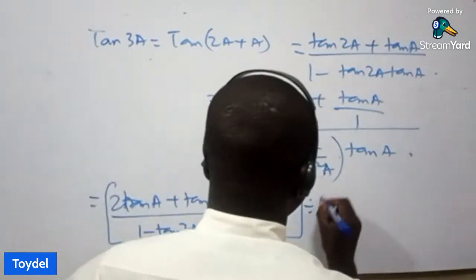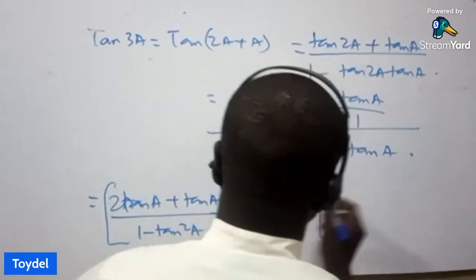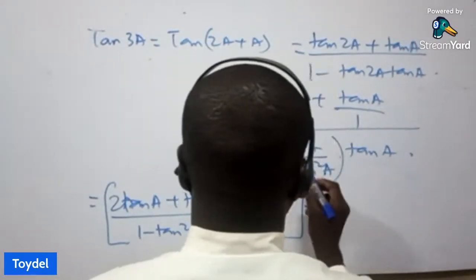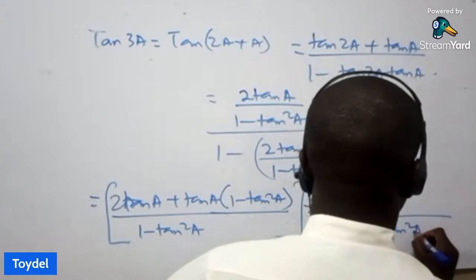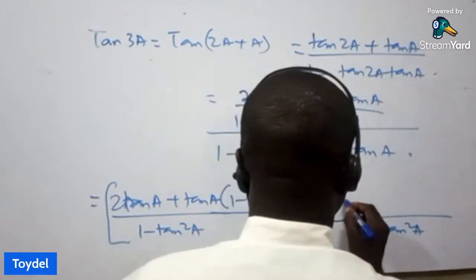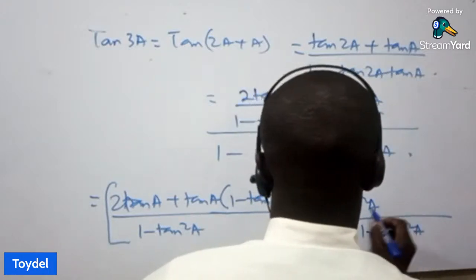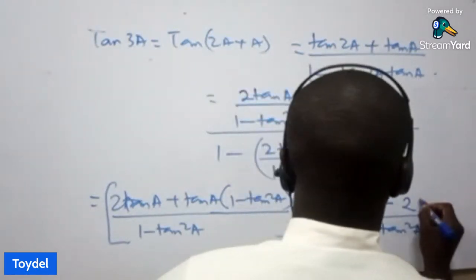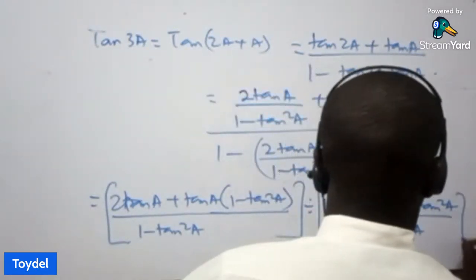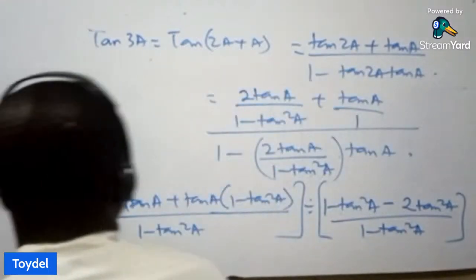Then for the denominator, the LCM will also be 1 minus tan square a. This will give us 1 minus tan square a minus 2 tan square a. That is what we are going to have.